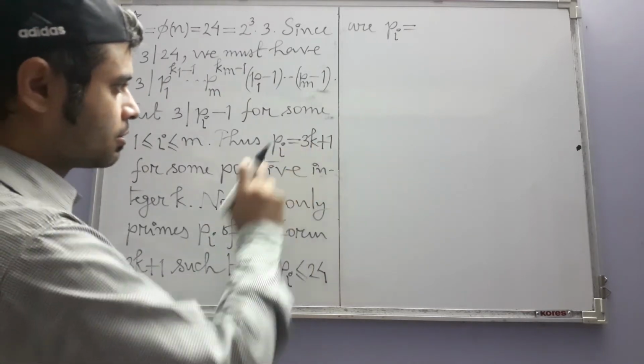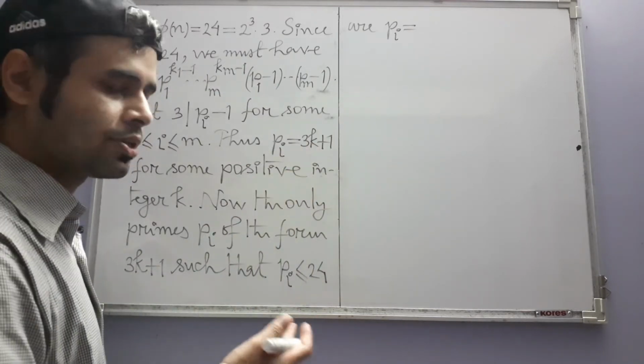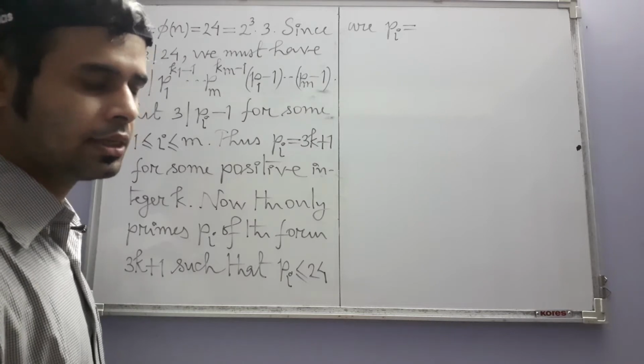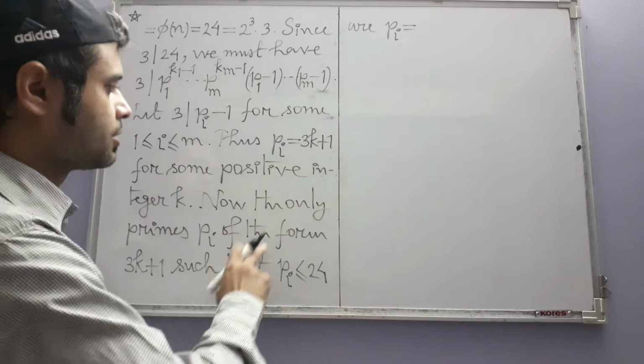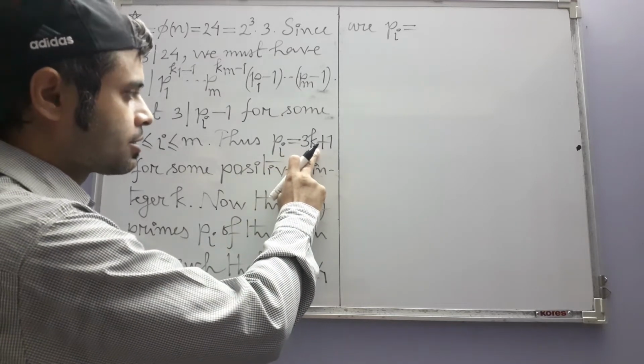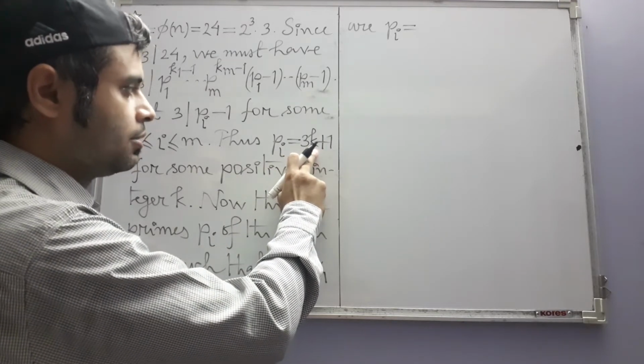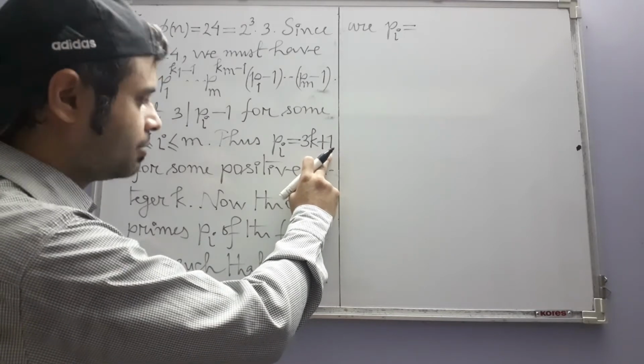You just start putting positive integers in place of k and see what you get. K equal to 0 of course is not an option, k is a positive integer. So let us start by taking k equal to 1. 3 plus 1 is 4, that is not a prime.